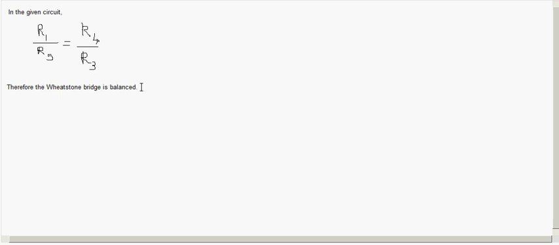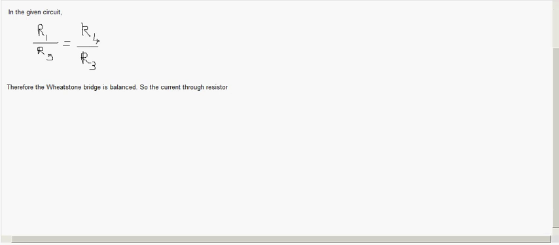So there will not be any current through the resistor connected between C and D, resistor R2 in our figure.